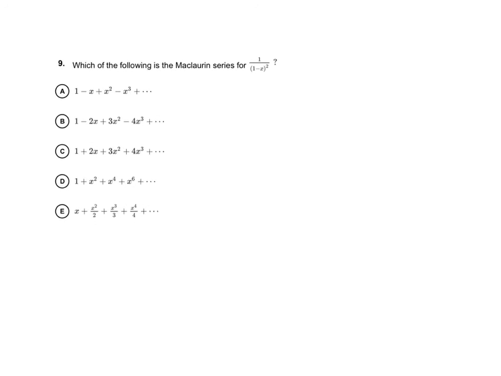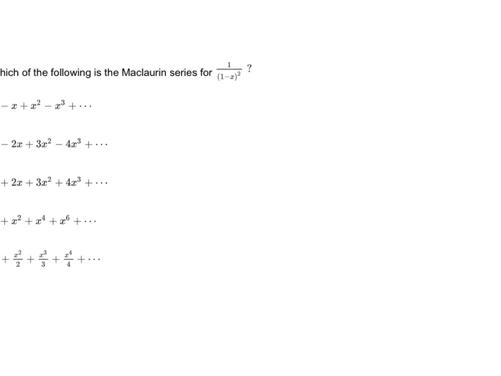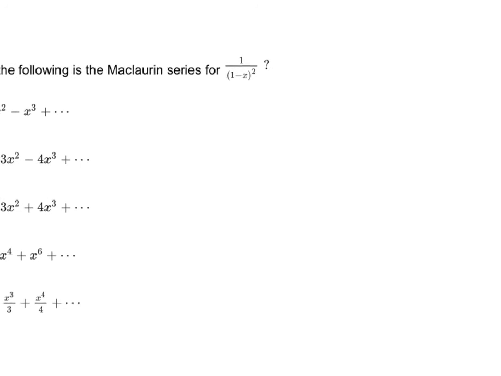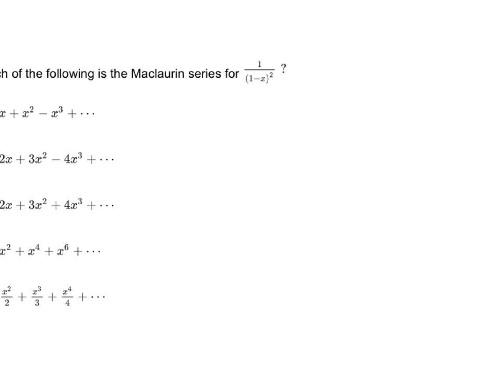Okay, next one. Which of the following is the Maclaurin series for that? So I don't know if you remember, this is actually the derivative of 1 over 1 minus x. Right, so if you look at f of x equals 1 over x, the derivative, you can rewrite this as 1 minus x to the negative 1.